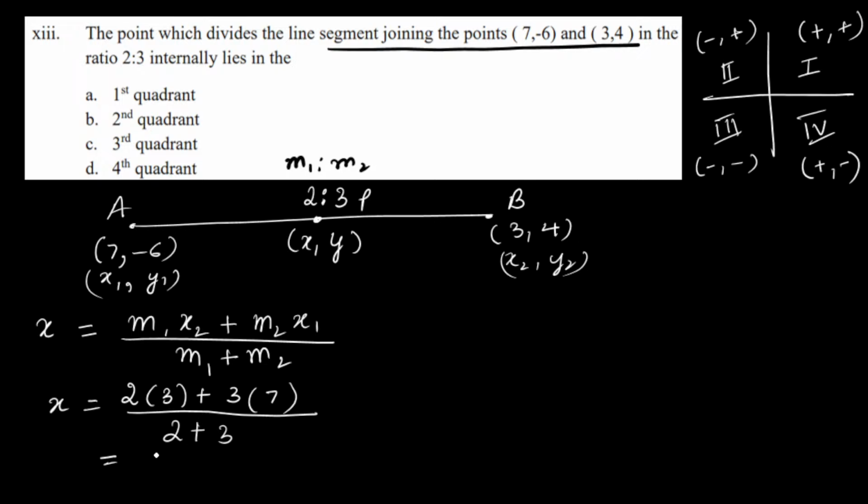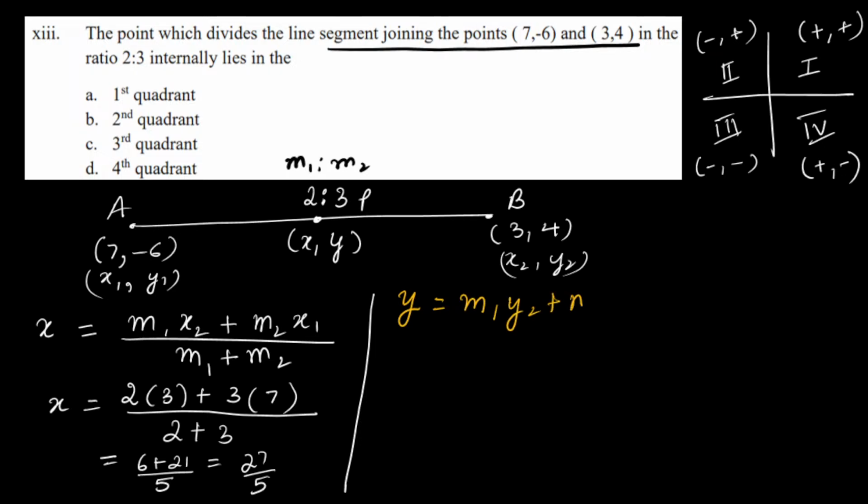So 6 plus 21 by 5, which is 27 by 5. So I am getting a positive value, so x is positive. Now let's see y's value. Same as the formula for x, y is equal to m1 y2 plus m2 y1 by m1 plus m2.